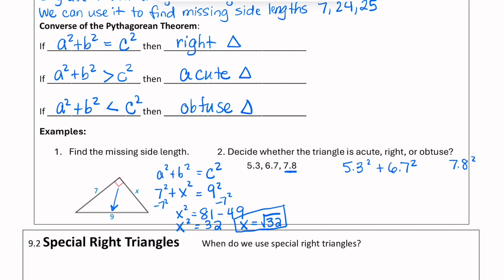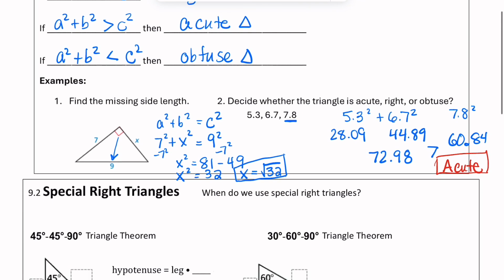Okay, so 7.8 squared is 60.84. This one's 28.09. The sum is 72.98. Okay, 72.98 is greater than 60.84. So if we go over to our little chart here, we can see that when a squared plus b squared is greater than c squared, we have an acute triangle. Okay, so the answer would be acute.